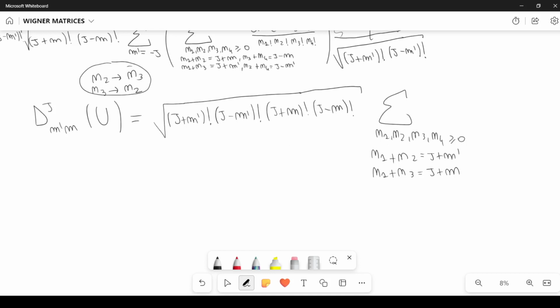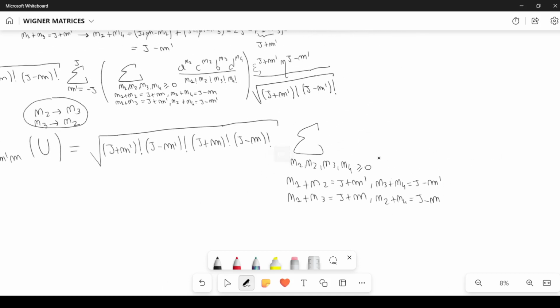So n2 will become n3 and n3 will become n2 in this formula here. So you can see that these two conditions will become these two conditions here, and then these two conditions here will become n3 plus n4 equal to j minus m prime, and n2 plus n4 equal to j minus m.